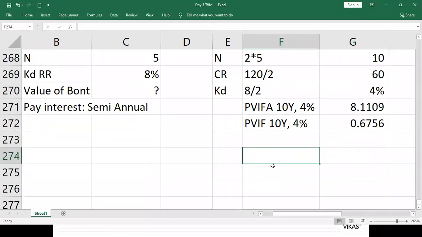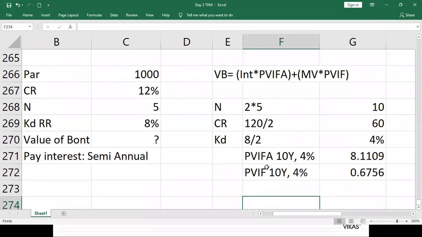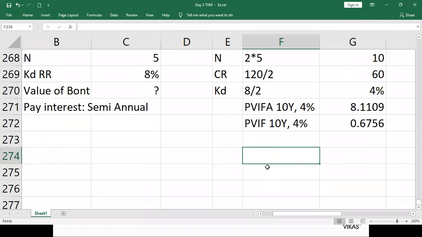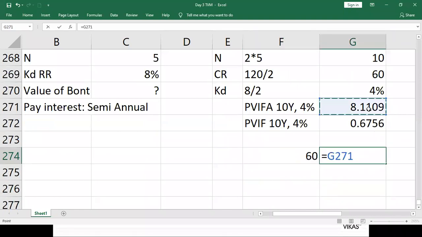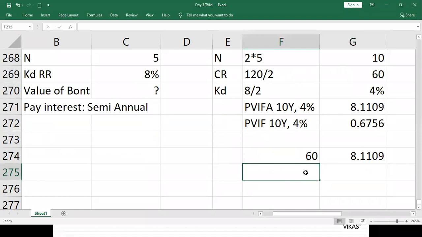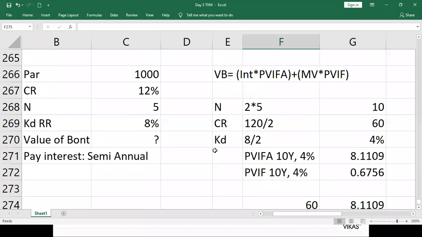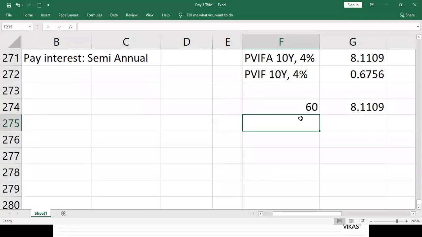Now we move. We will take interest. How much interest per time? 60. And PVIFA equals this value. And maturity value, how much maturity value? At the end of the maturity period, how much will you receive? Yes, 1000, exactly. At maturity you will get 1000.